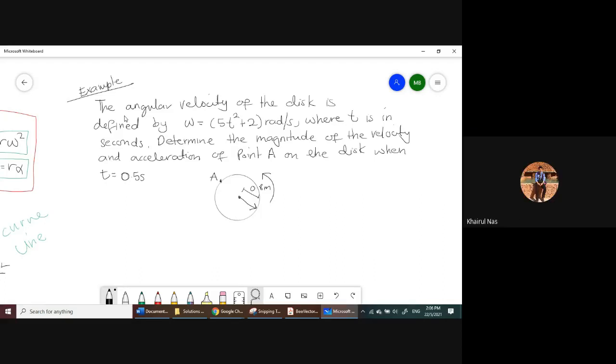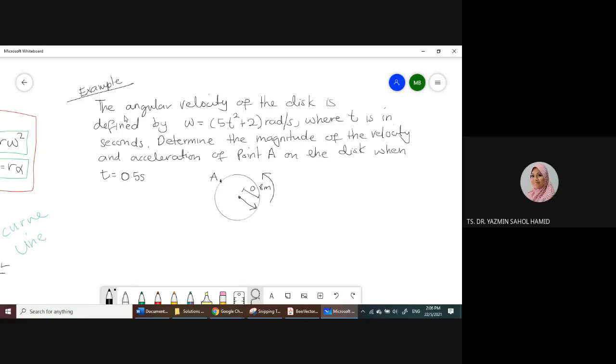Madam, yang radian per S2 tak ada kuasa. Yang kat soalan ni, the angular velocity of the disk is defined by omega equals to radian per second. Radian per second tu tak ada kuasa 2 ke apa?